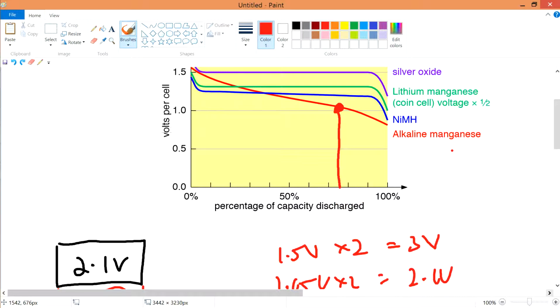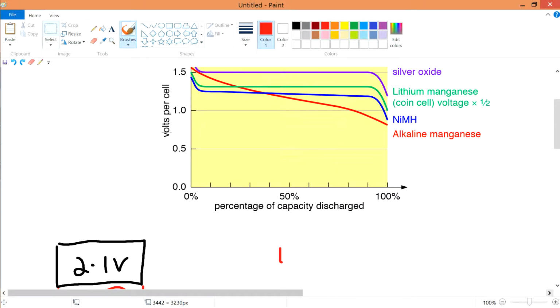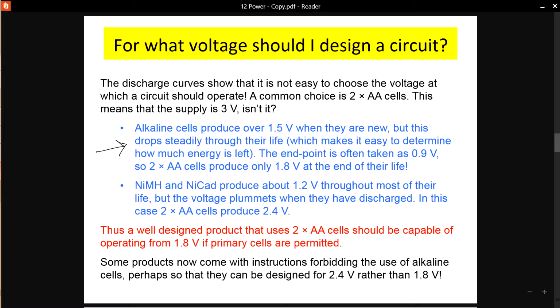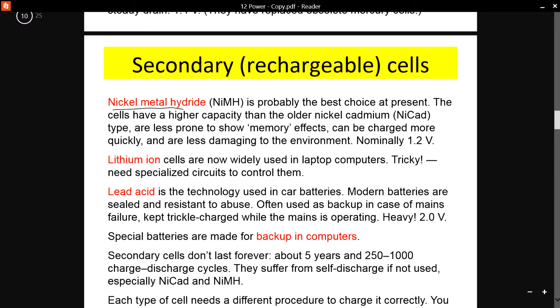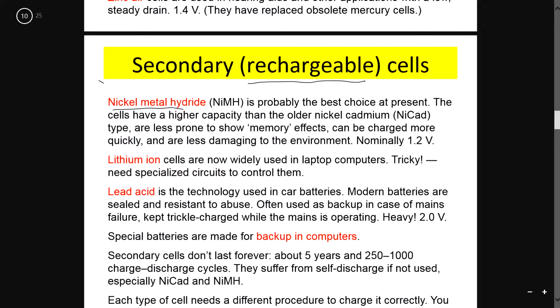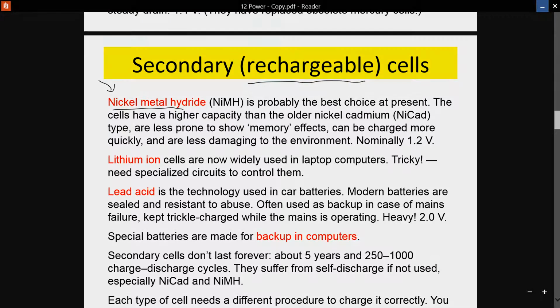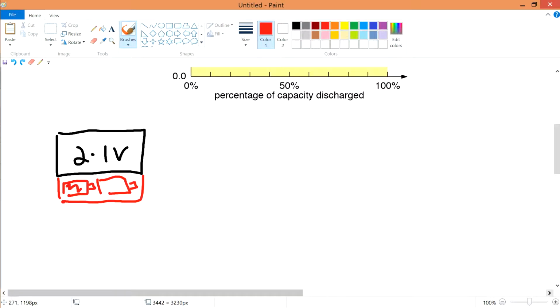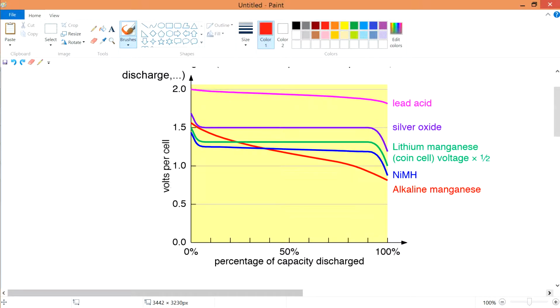This is why people say that the nickel metal hydride is better. Nickel metal hydride, you see, which is this one. It's a rechargeable battery, but it's still a battery. It's the form of battery that we often see over here, but this form of battery doesn't mean it's always AA. It can be a nickel metal hydride, which is the blue color one, as you can see, for example, this one.